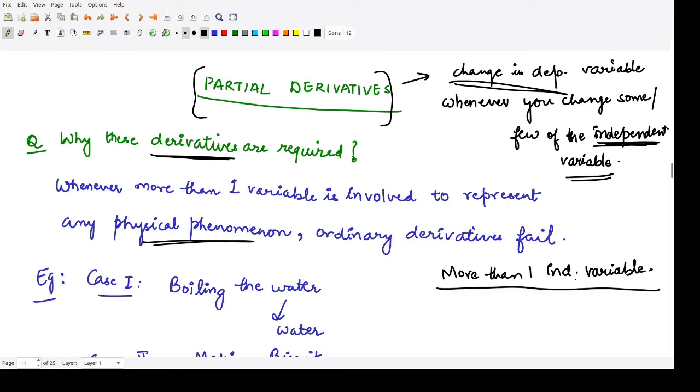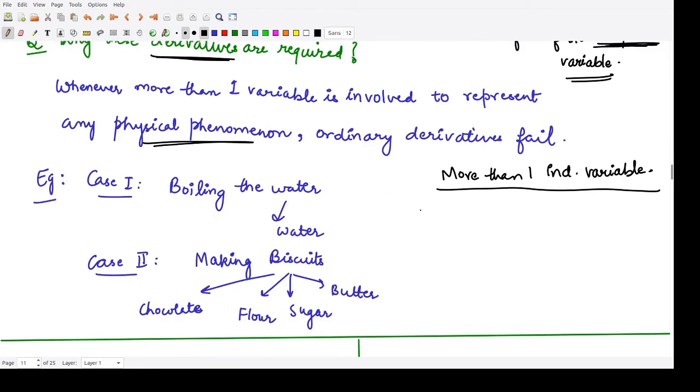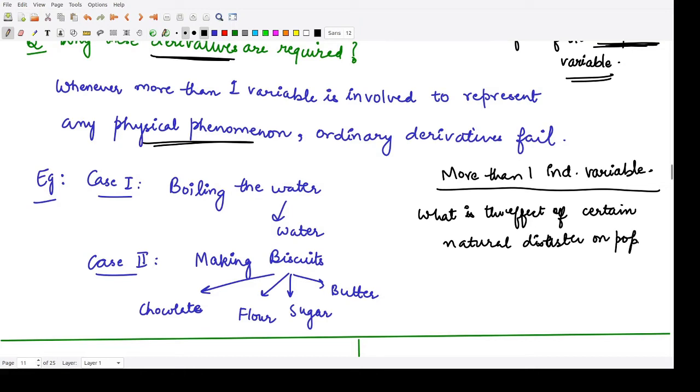The example is, suppose you wanted to study what is the effect of certain natural disaster on the population. For example, we are in this COVID era. Okay.